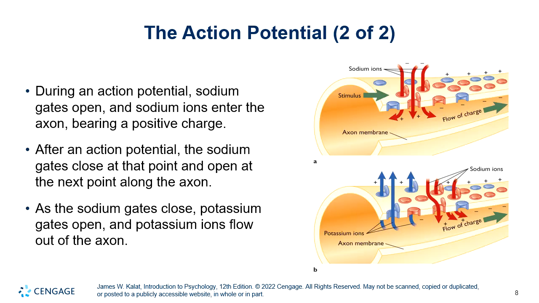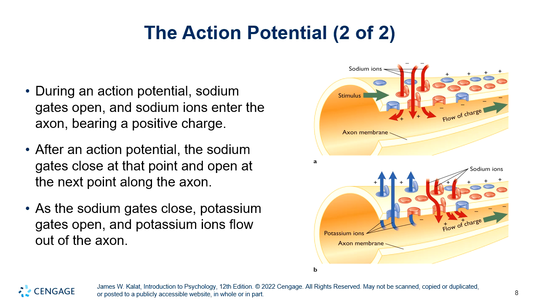So as I mentioned in the previous slide, what happens with the action potential is when the sodium gates, and I didn't call it gates before, but let's call it the gates now, they're going to open up and the sodium ions will enter the axon bearing a positive charge. Once that action potential occurs, the sodium gates will then close at that point and open up at the next point to allow the axon to move things forward.